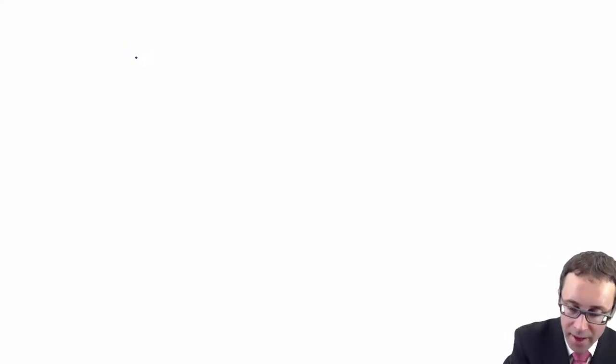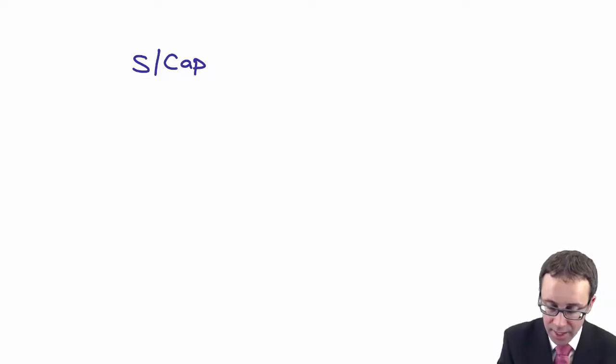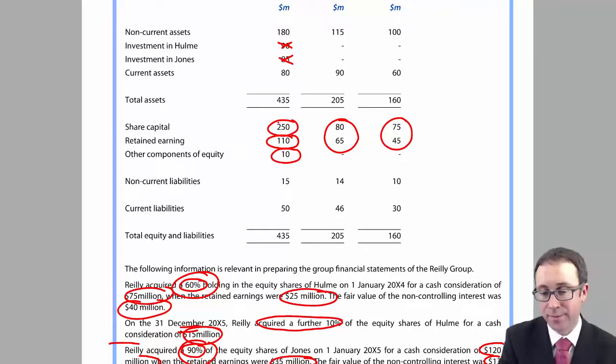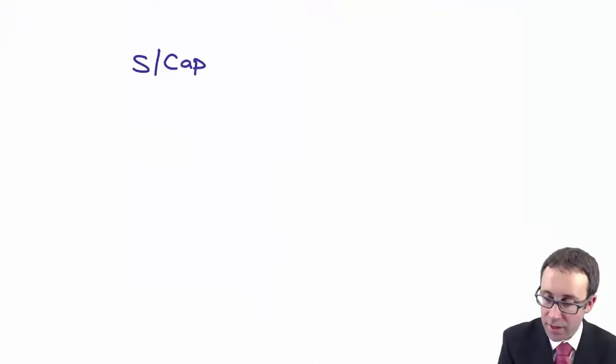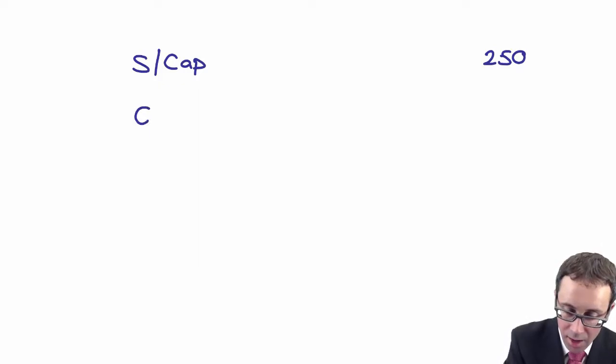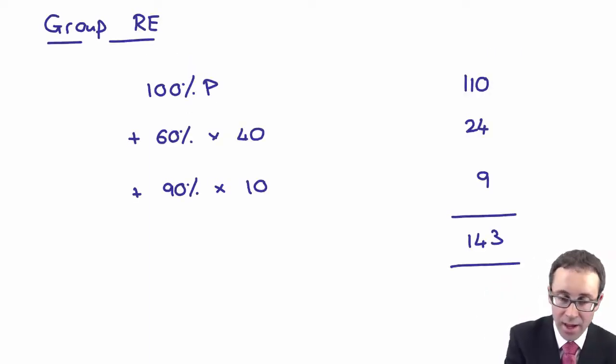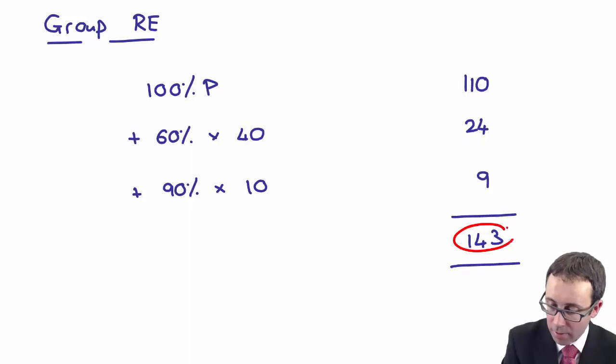I can go through then and look at the equity and liabilities. So you have the share capital. Remember, that's 100% of the parent only. So is that 250? I have my group retained earnings. Is that there at 143?